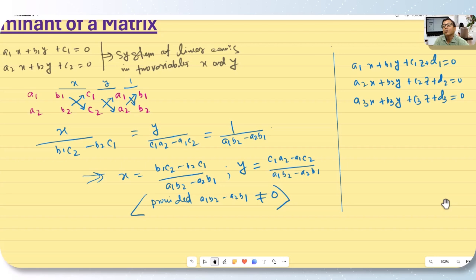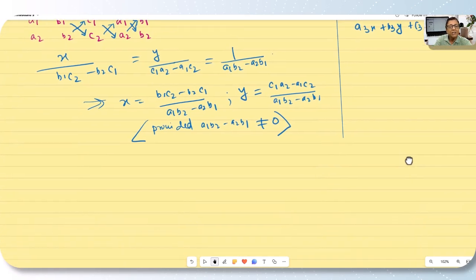But we can think of it in a bit different manner. For simplicity of calculation, I am putting these three equations in this form, equal to d1, d2, d3. Same thing, just taking d1, d2, d3 to the right side.